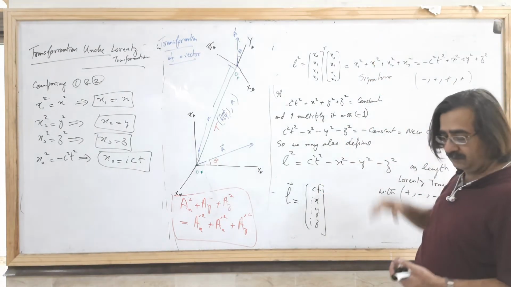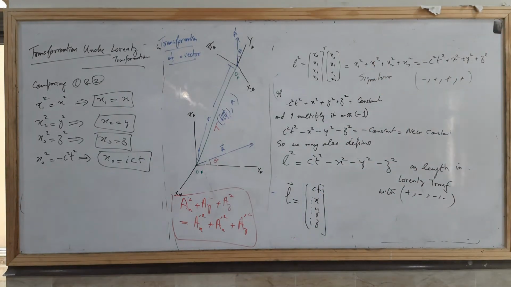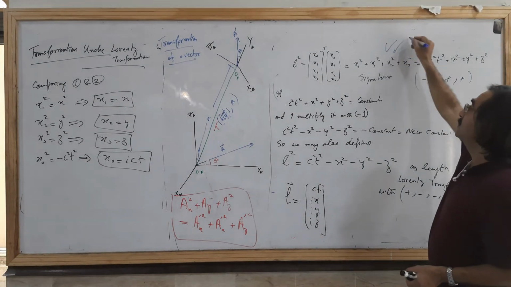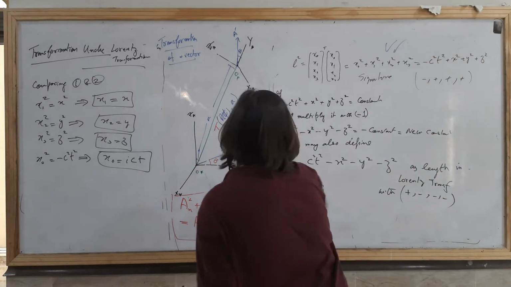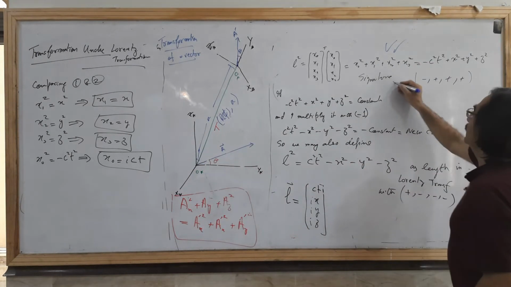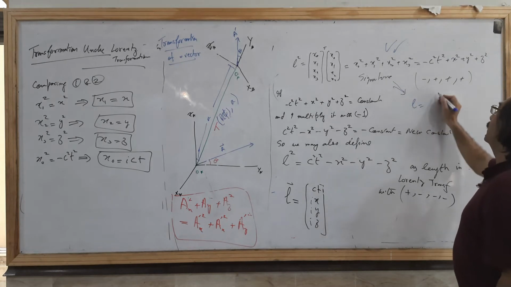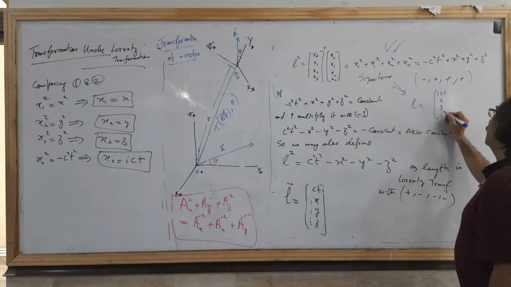From now on our concentration will be on this signature. According to this signature, what is L? L is iota ct, x, y, z.